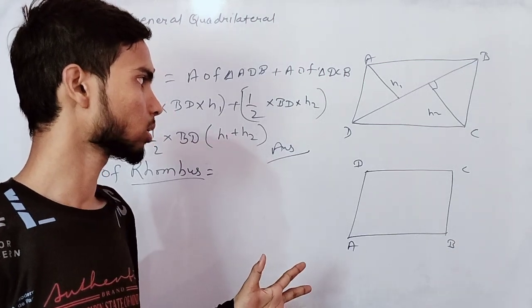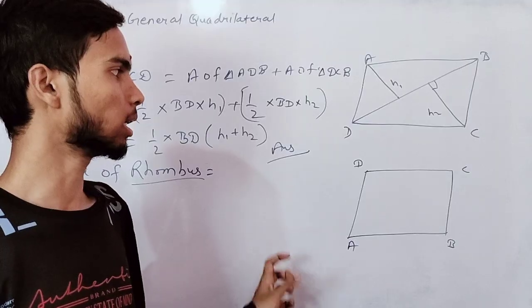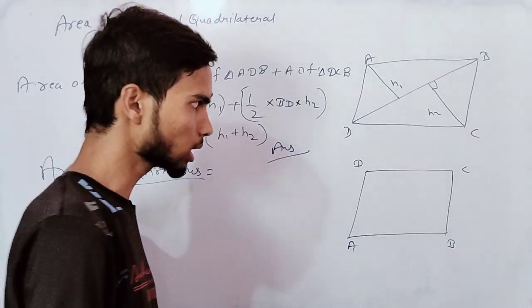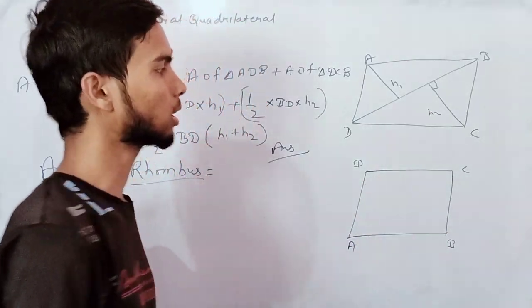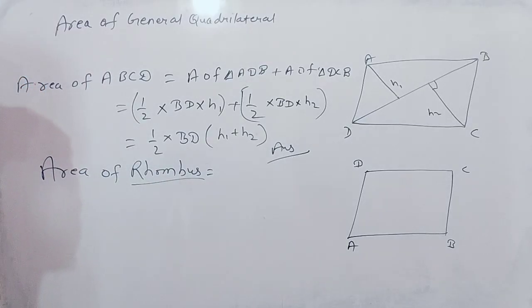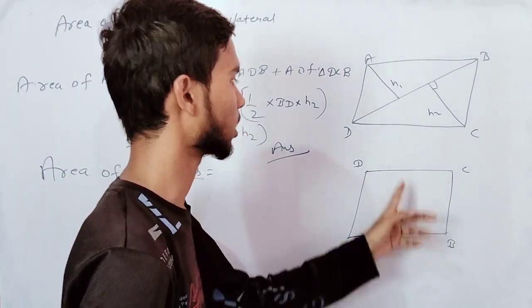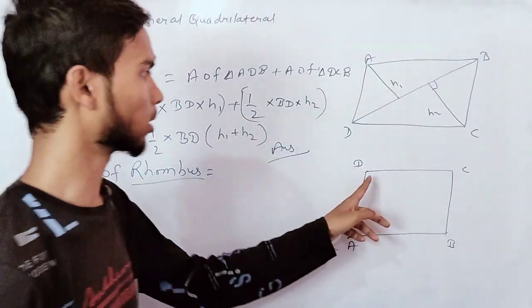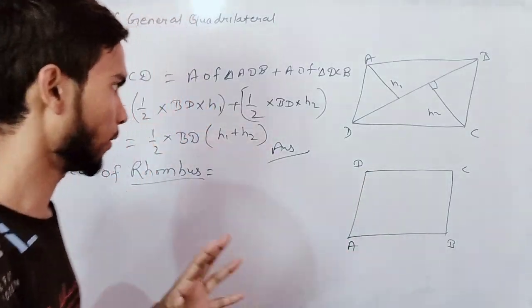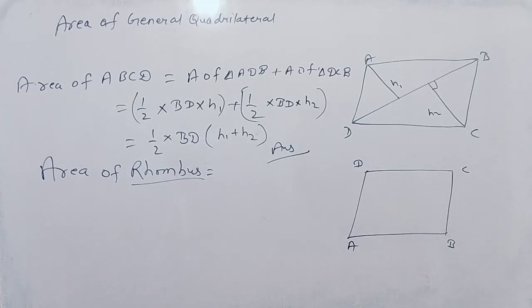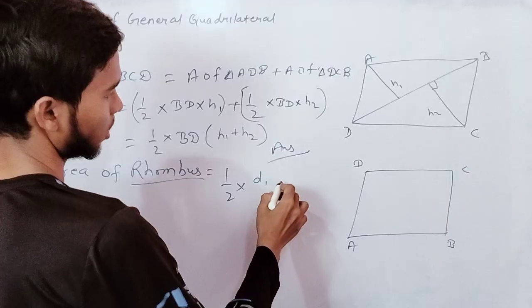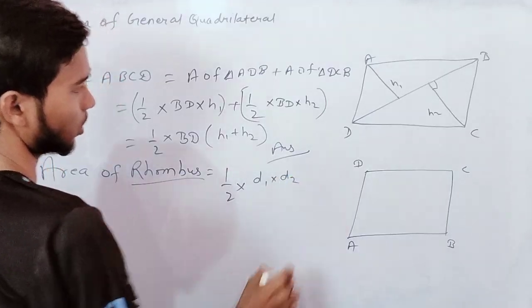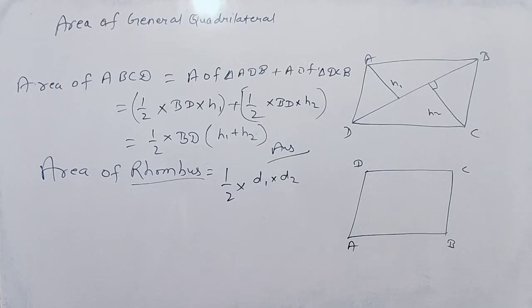There are two pairs of parallel lines. This is one parallel line, this is another parallel line. But the angle at the vertex will not be 90 degrees. So the formula would be 1 by 2 multiplied by d1 into d2, where d1 is one diagonal and d2 is the other diagonal.